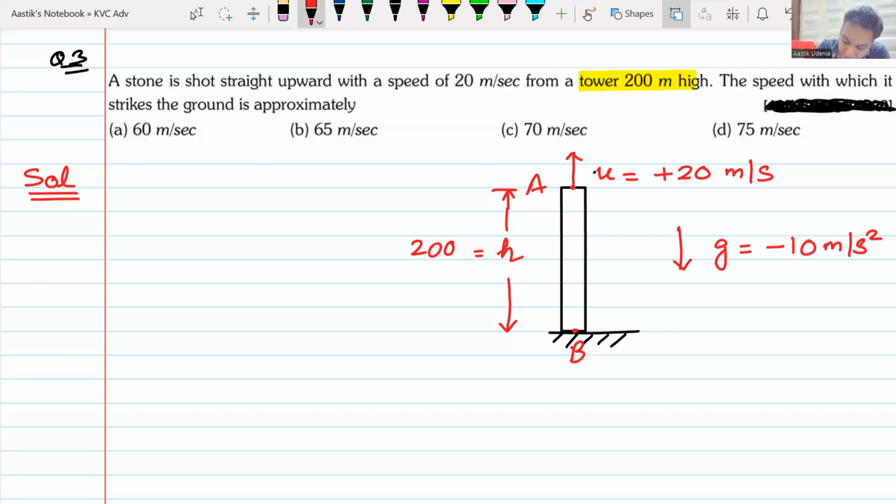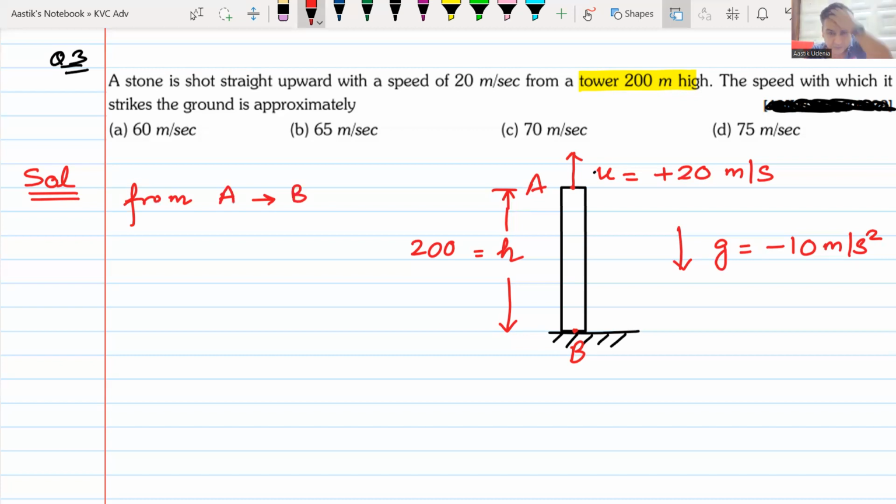Now I can make the equation from point A straight away to point B. Remember, this stone will go up a certain height, the velocity will become 0, then it will come down. I can solve this question in this way also: first I find out how high it goes up, then how far down it goes.